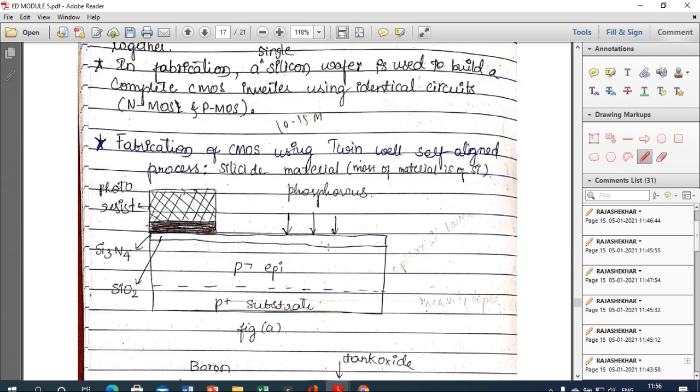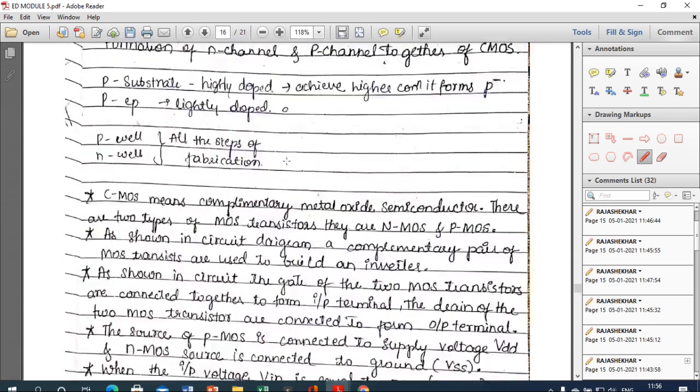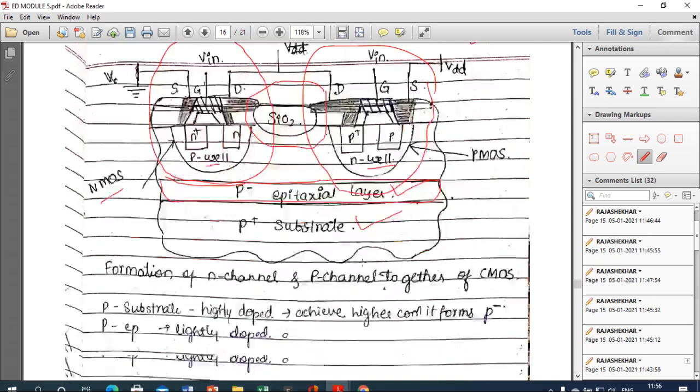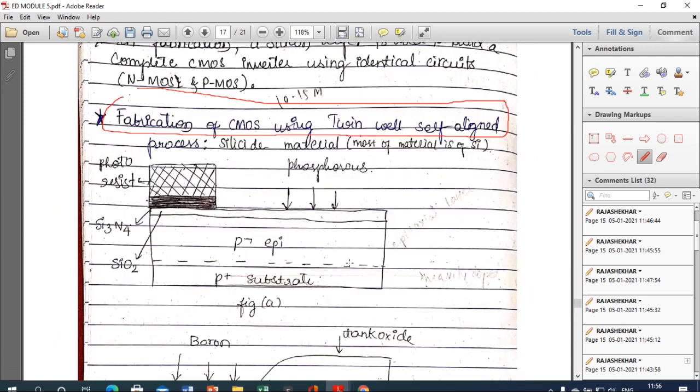In the next class, that is on Thursday's class, I am going to start the last topic, fabrication of CMOS using a twin well self-aligned process. This is again the same thing which I have discussed right now. This is the normal procedure used for the fabrication of CMOS as an inverter, and this is another technology which we call twin well self-aligned process.